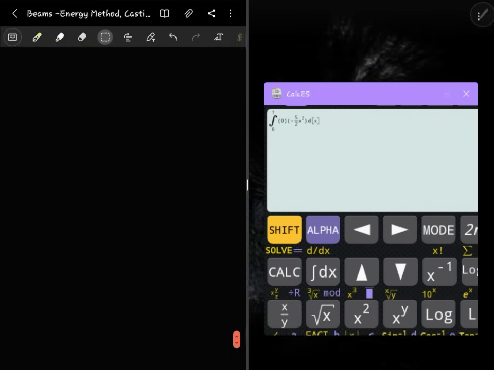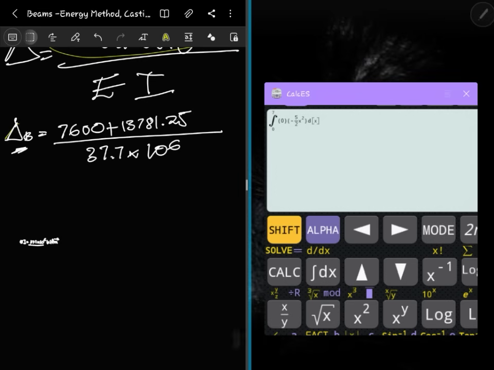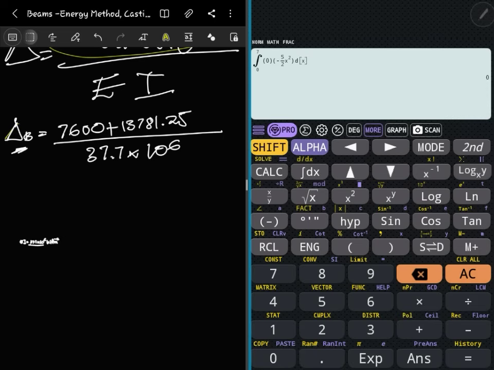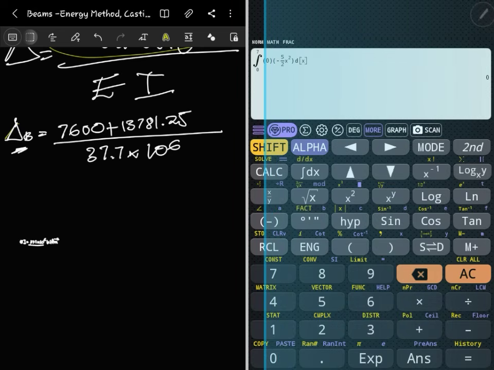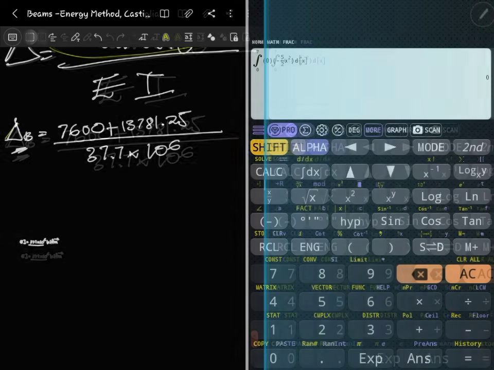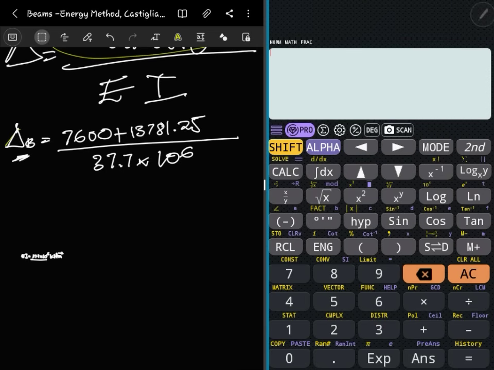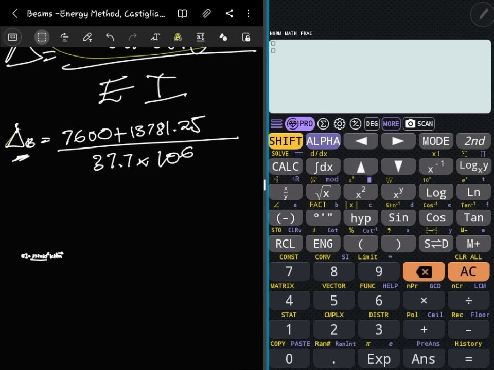Then again, you can fast forward to where you want to watch. Okay, let's see. Right. So no more integration. So we have a fraction.